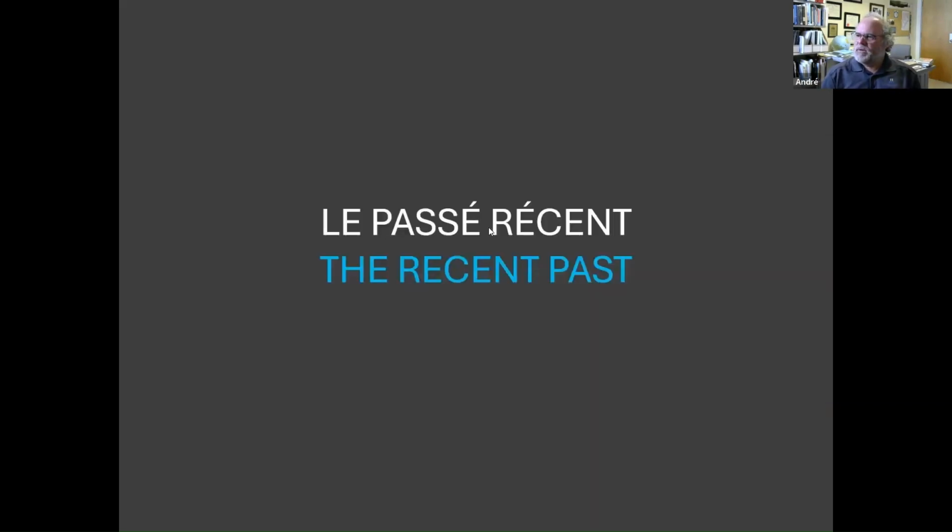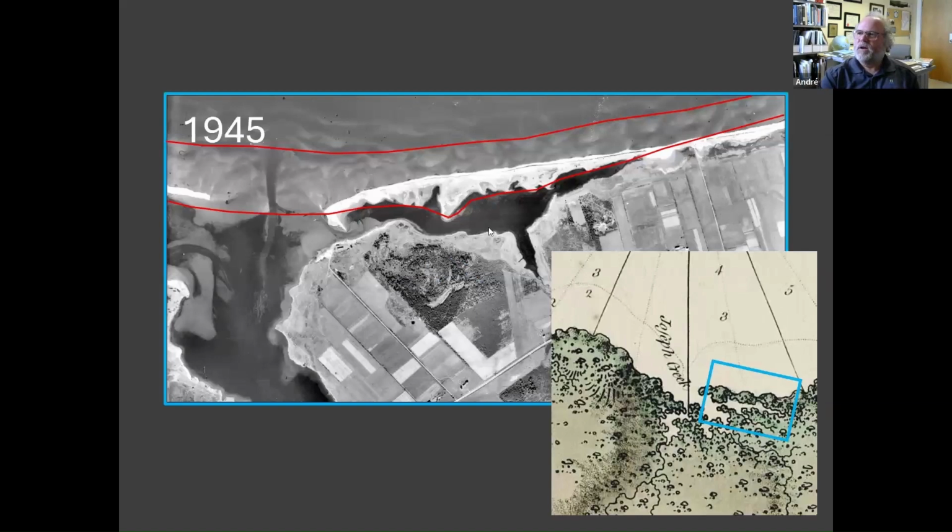But if we go in the same area in a more recent past, let's say 1945, the sandbar here that existed in 1777, it corresponds to this zone right here that's circled in red here. So in my aerial photo, I don't have the leftmost portion there, Barachois.